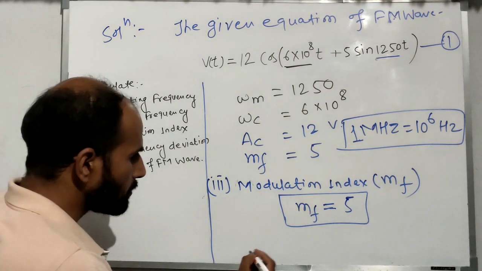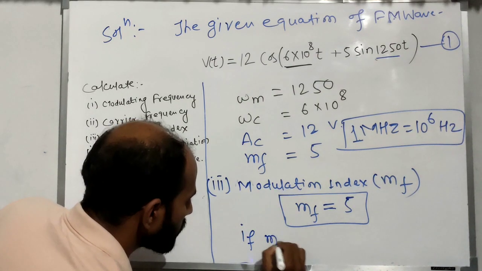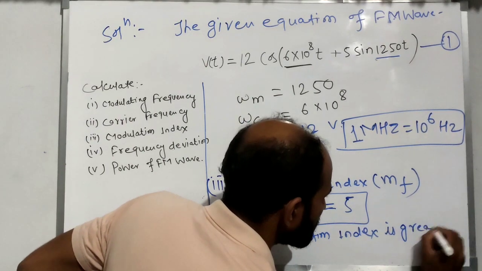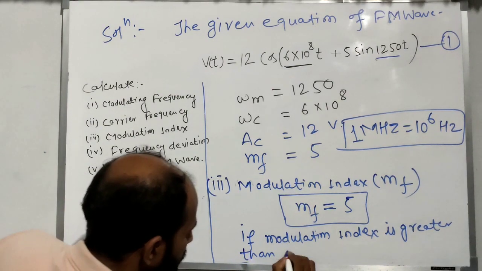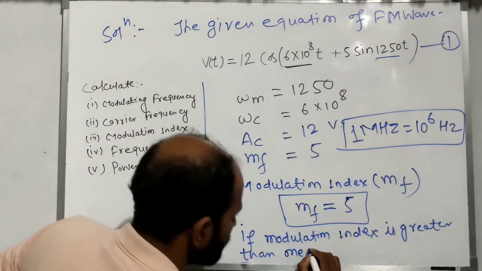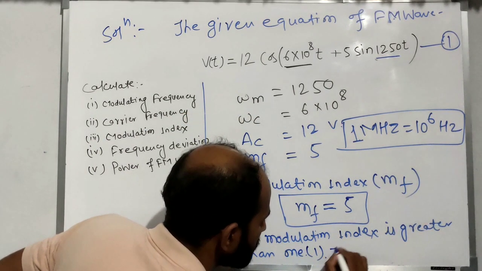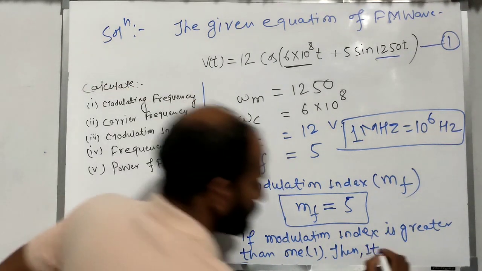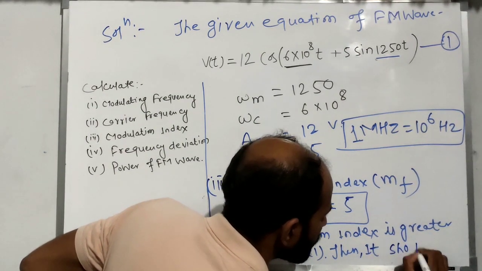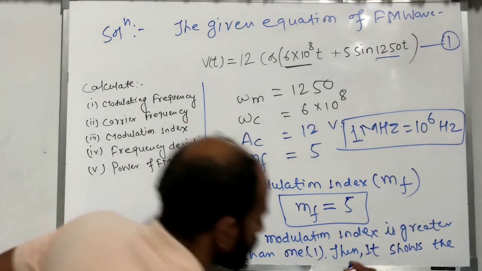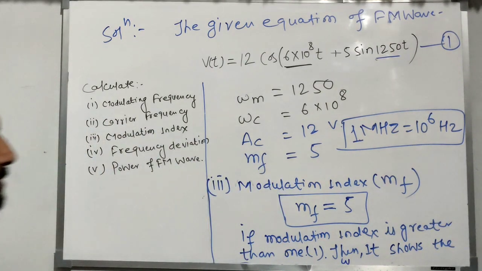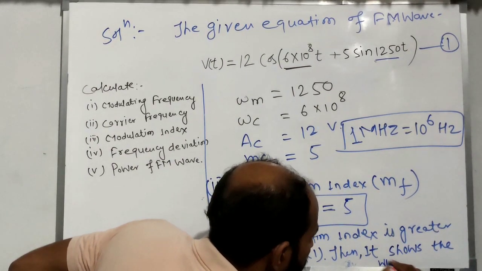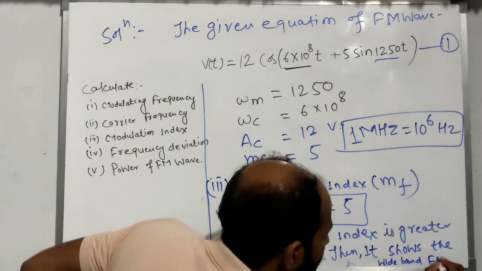If the modulation index is greater than 1, then it shows wide band FM.